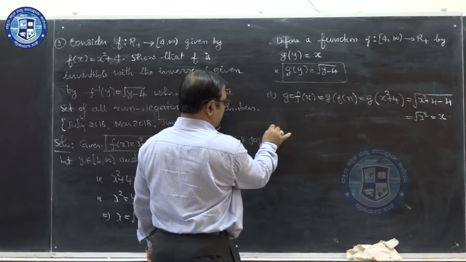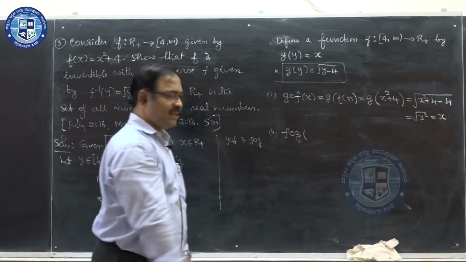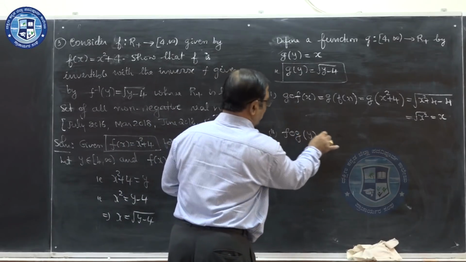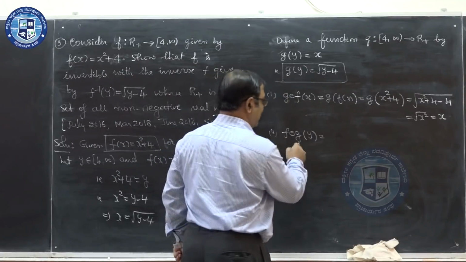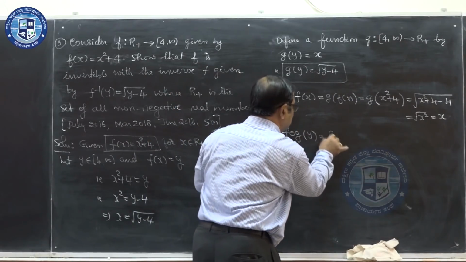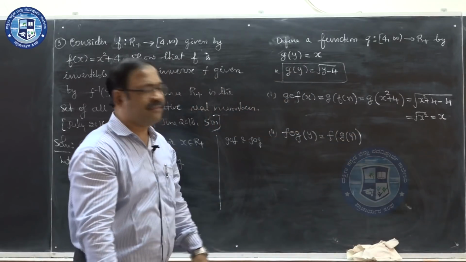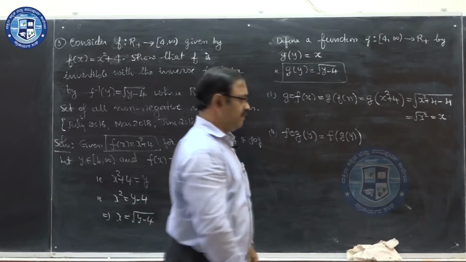Then second case, we write f composite g of y. Because already I have defined g of y. By definition of a composition function, f composite g of y is f of g of y.